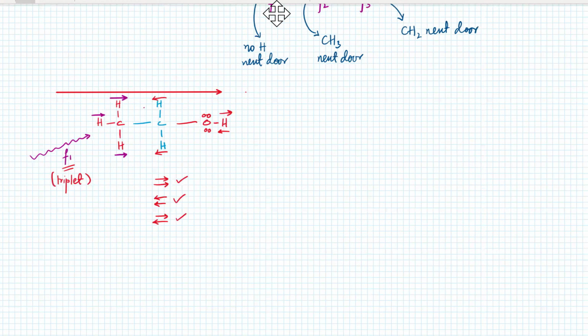So again, just a quick recap. Last class, what did we learn? We learned a couple of things. Number one, there are going to be chemical environments.